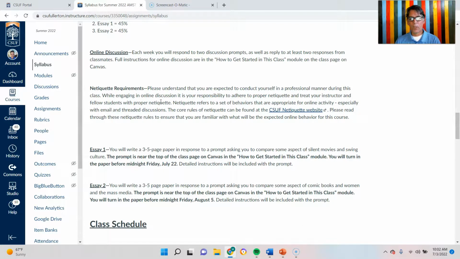Correct them. But do it in a polite, constructive way. For example, one way you can do something like this is, I found your response to the prompt really interesting, but I have a bit of a different take. And then you explain how you think differently and how they might be wrong. Okay? There's nothing wrong with that.